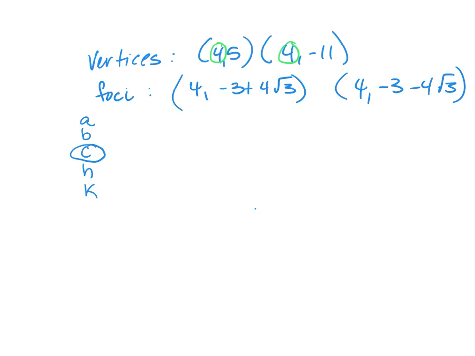Which one is it? Vertical. So we know that this is a vertical ellipse, okay? So the vertices is H, comma, K minus A, and H, comma, K plus A.